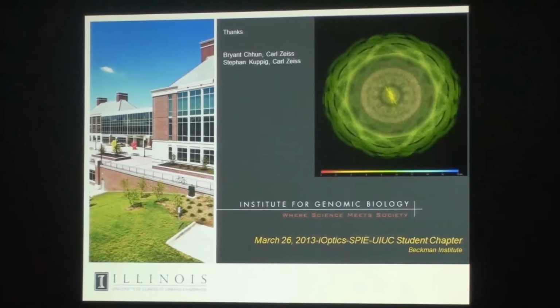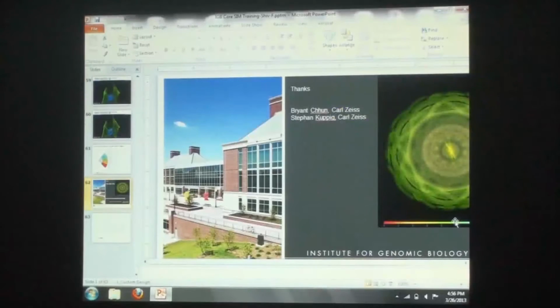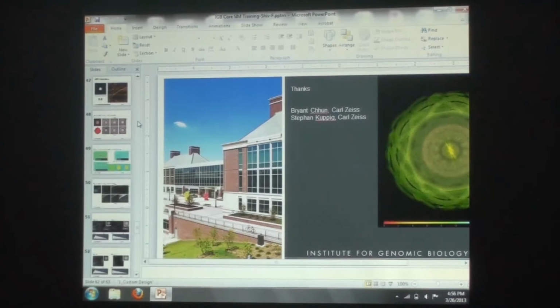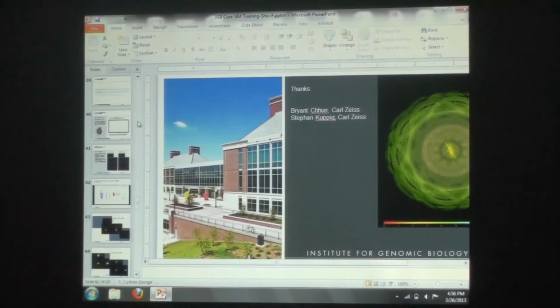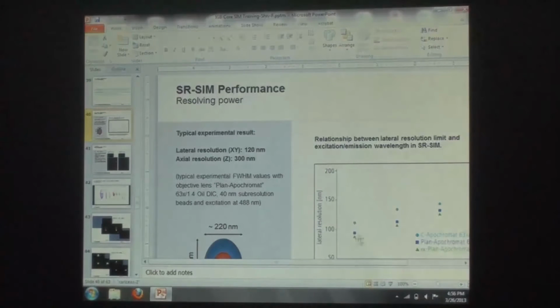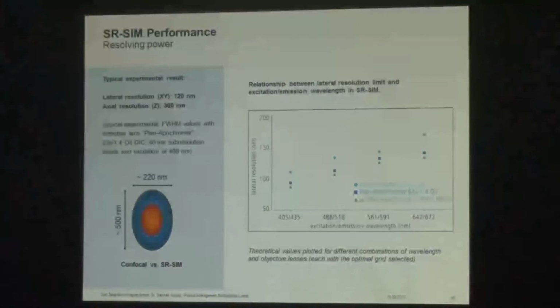But if I want to go to 10x, let's say, then I don't need gratings to begin with. That's right, because with super resolution, the point is that you come to this system to improve the resolution beyond the conventional resolution of 250 nanometer.